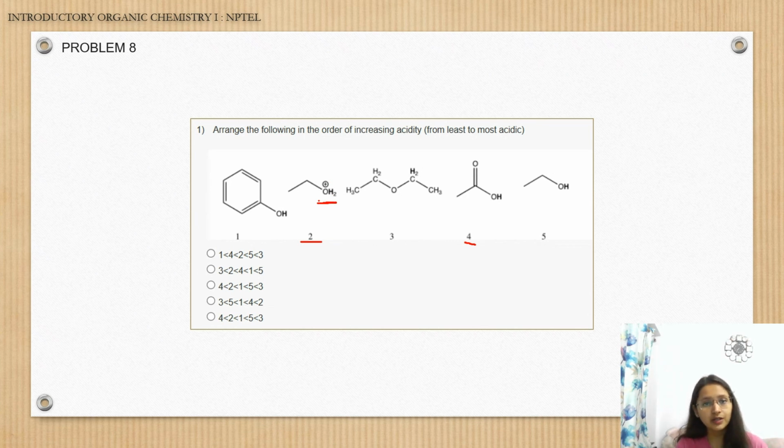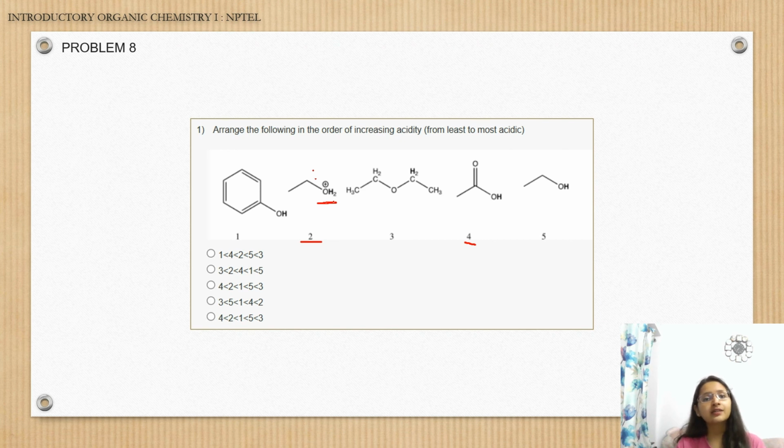So here this OH2 is acting as a higher acidic form. Why? Because it wants to release H plus as soon as it gets a chance. So here H plus donation is very much more facile than in carboxylic acid. So if you are comparing this 2 and 4, here OH2, because oxygen is an electronegative atom, the positive charge is not stabilized on oxygen. It wants to neutralize the charge.